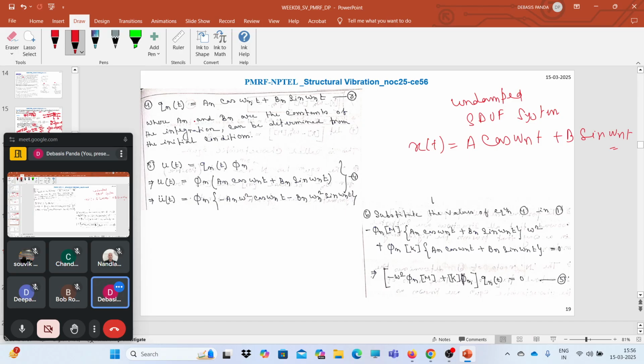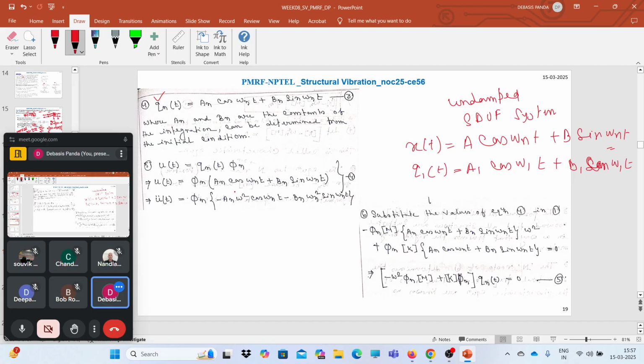Likewise, the generalized coordinate at the nth degree of freedom will be qn(t) is nothing but an cos omega n t plus bn sin omega n t. That means if I want to consider the first degree of freedom, q1(t) will be a1 cos omega 1 t plus b1 sin omega 1 t, right?